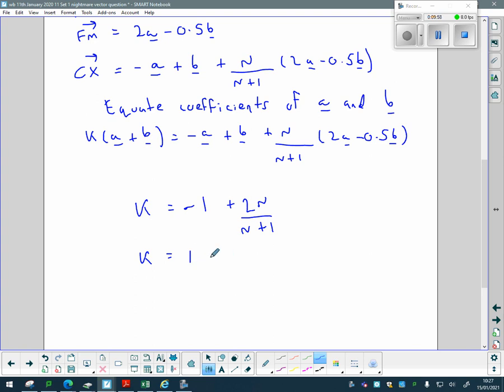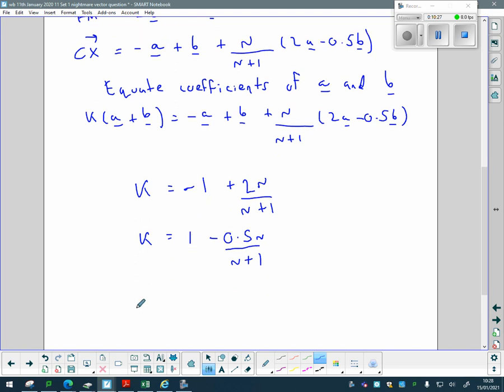But this time, we've got a minus 0.5n over n plus 1 in front of my B. Let me just double check that because there's a k, there's a 1, there's my n over n plus 1, there's my minus 0.5n.